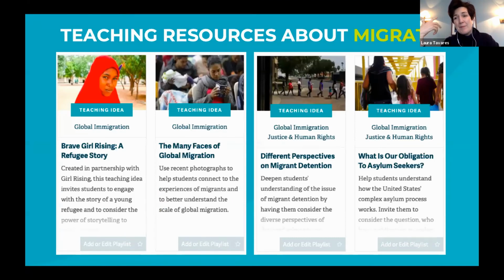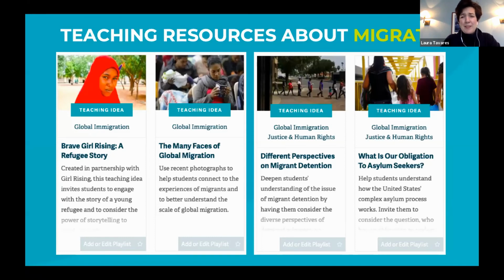They use beautiful images, photographs, and artwork to really help students apprehend migration as a human experience. When students work with these resources, they're able to see beyond the headlines and understand some of the individual human stories. I think that's a really important ingredient in teaching successfully about migration today.